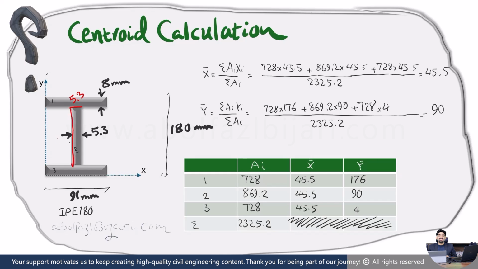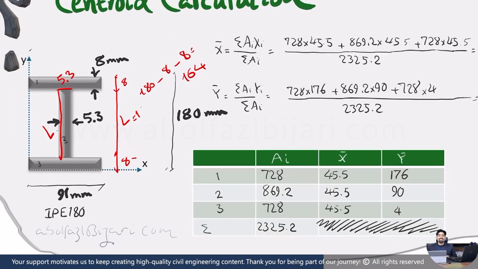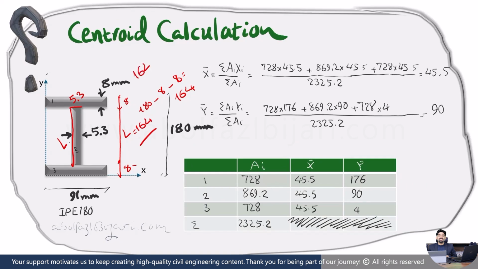Okay, about A2, the width is 5.3, and L is 180 minus 8 minus 8, which is 164. 164 multiplied by 5.3 is about 869.2, as we see.